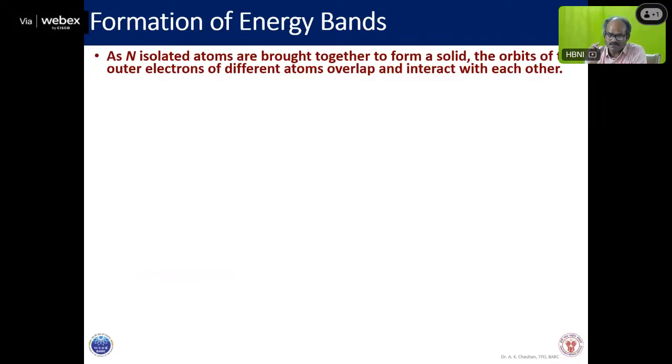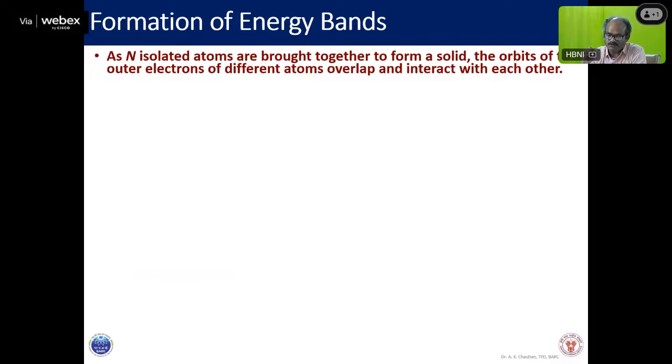Suppose you have a 1 centimeter by 1 centimeter by 1 centimeter cube of silicon in front of you, and suppose the density of that silicon is around 2.4, so 2.4 gram is the weight. How many atoms may you have? I tell you, it is of the order of 10 to the power 23.